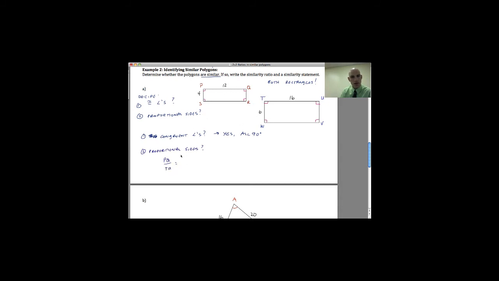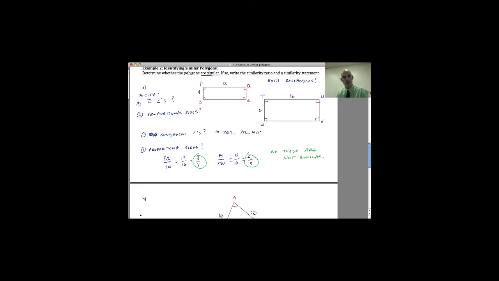PQ over TU is 12 over 16, which is equal to 3/4. So in order for these to be similar, the ratio of these smaller sides needs to be 3/4. So I'm going to put PS over TW, and I find that this is equal to 4/6, which is 2/3.